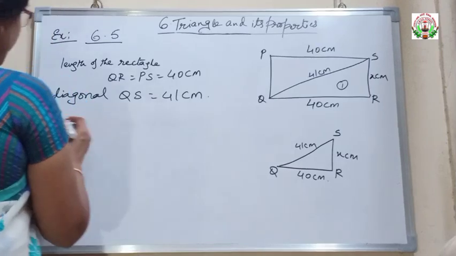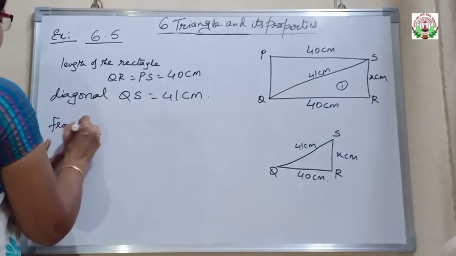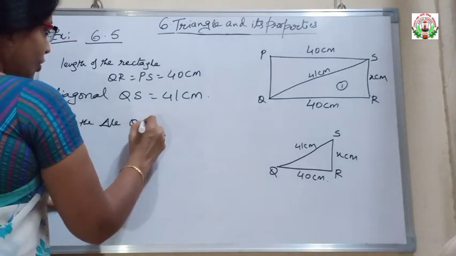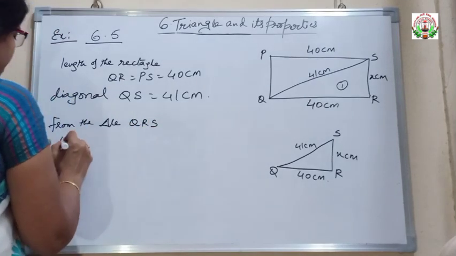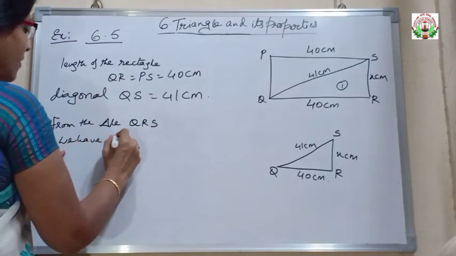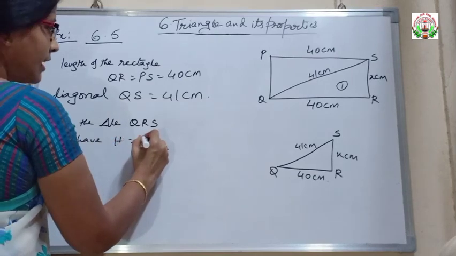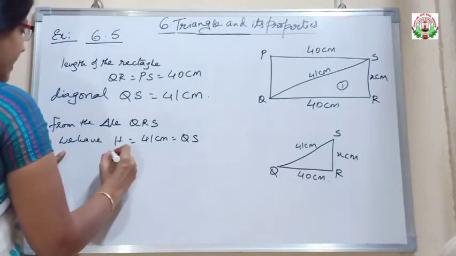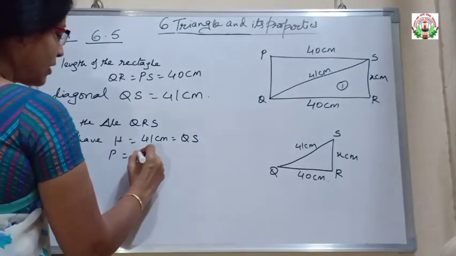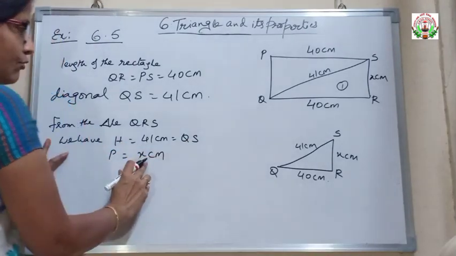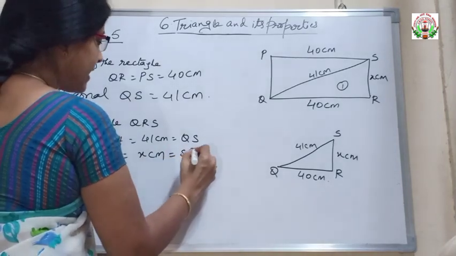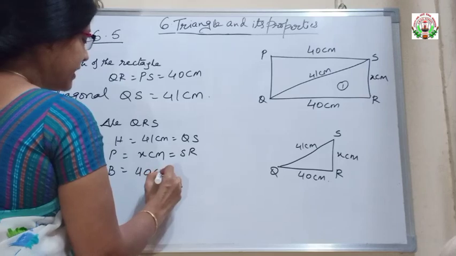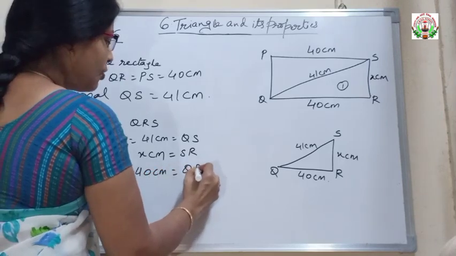So here, from the triangle QRS, we have hypotenuse equal to 41 centimeters, that is QS. Next, perpendicular is equal to x centimeters. We have to find it, that is SR. And base is equal to 40 centimeters, that is QR.